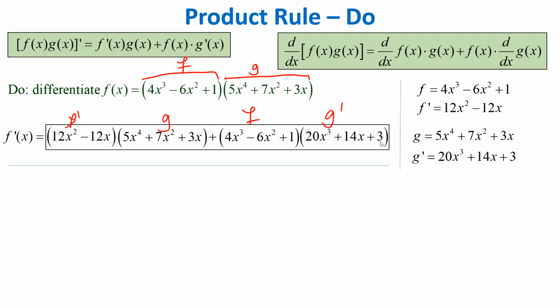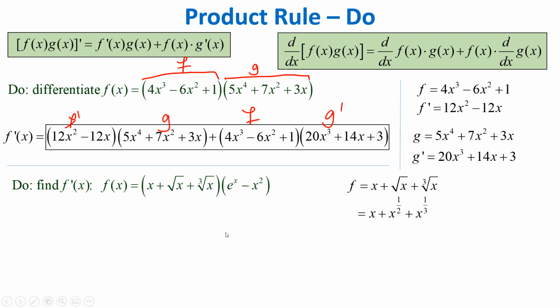And then for the second example, you're asked to find f prime of x, where f of x is equal to x plus radical x plus the cube root of x, that's all one factor, times e to the x minus x squared is the second factor. And again, pause now. Since this is the first factor, which I'm labeling as f, before I take the derivative, I'm writing this in power format.